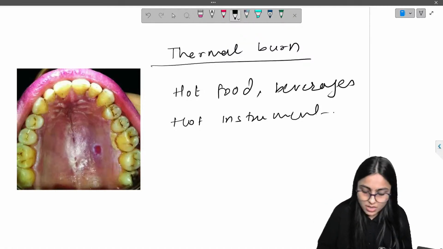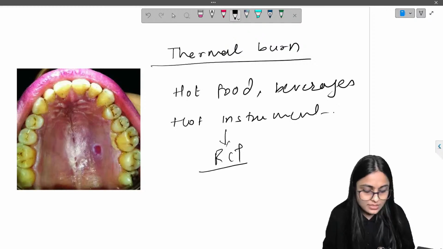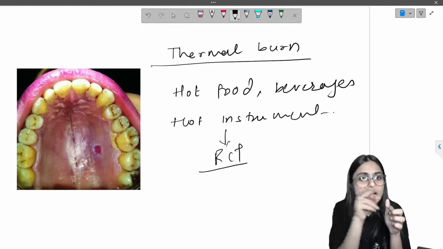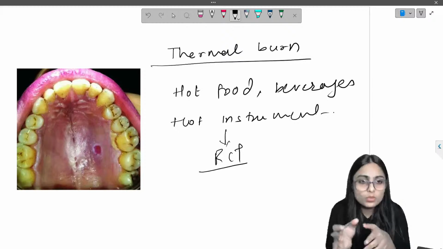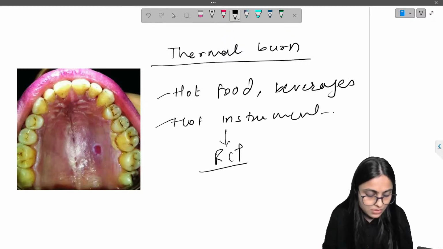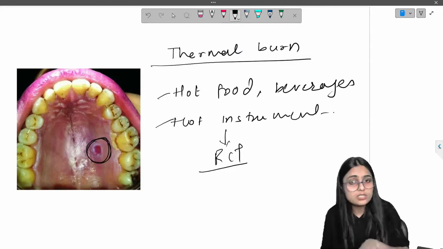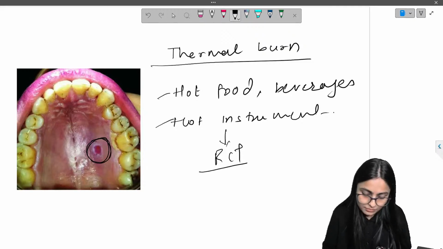You can see this thermal burn in the palatal region or the mucosa adjacent to the root canal treated tooth. You can see the erythema, an erythematous area, sometimes it can cause an ulcer also. That is how this thermal burn occurs.